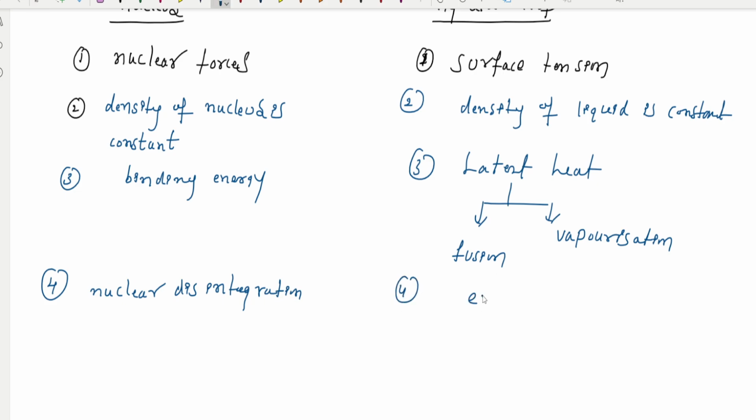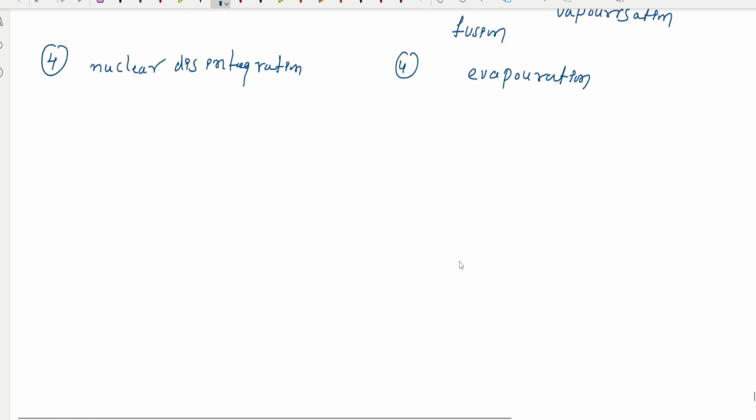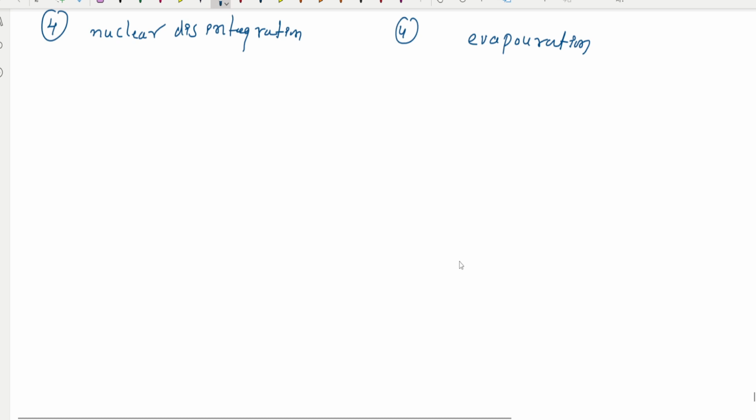Here, evaporation. These are the similarities between nucleus and liquid drop. Now it's time to derive the semi-empirical mass formula.